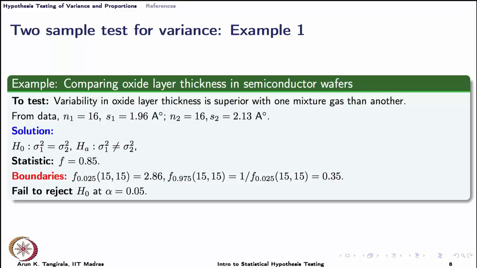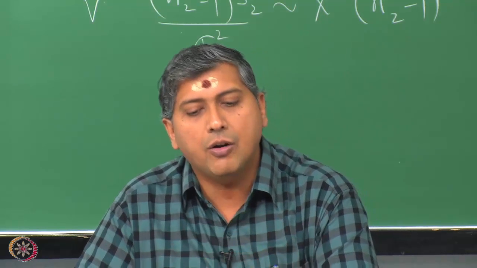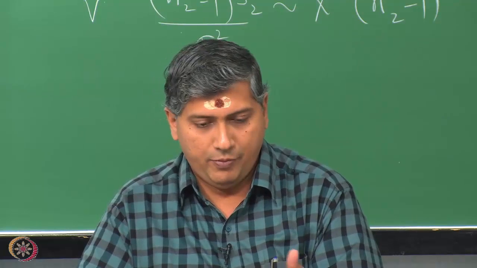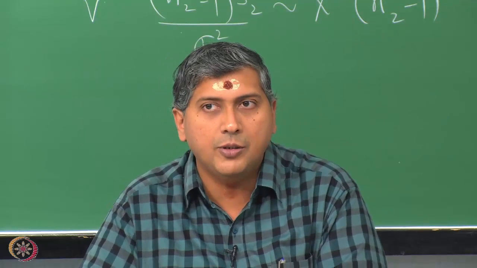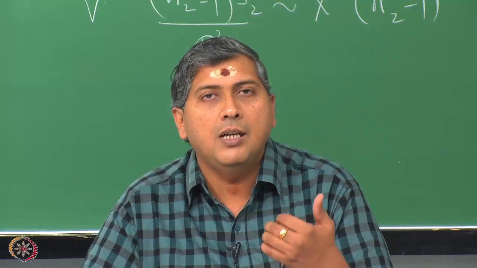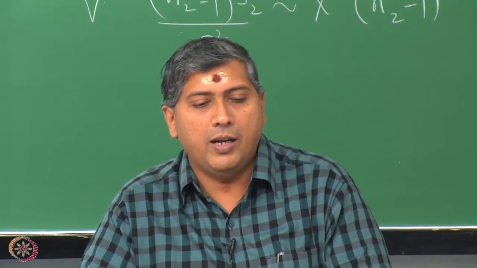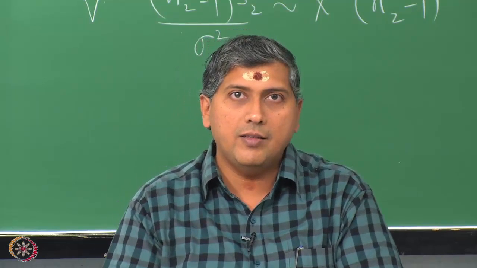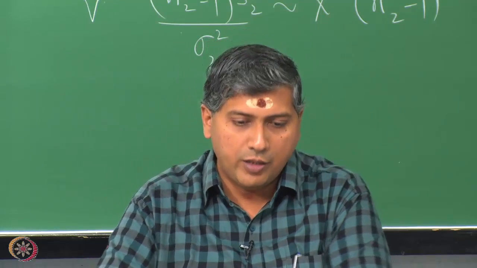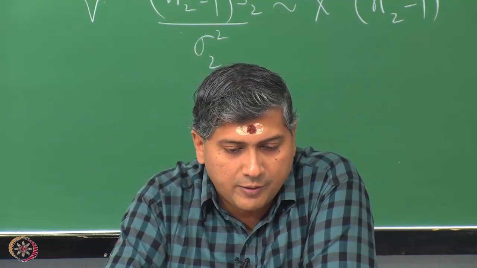Remember, both chi-square and F distributed variables are always non-negative. That means the range of values of the random variable, whether it has an F distribution or a chi-square distribution, always runs from 0 to infinity. The negative part of the real axis is excluded, unlike in the Gaussian or the T distribution cases.